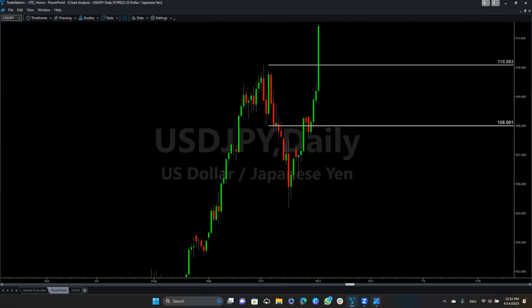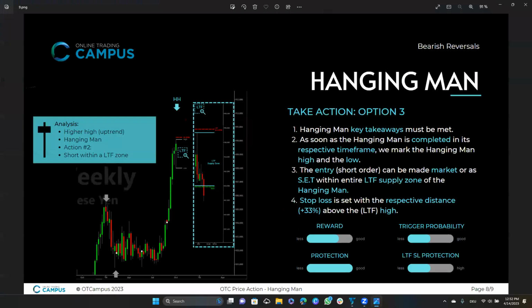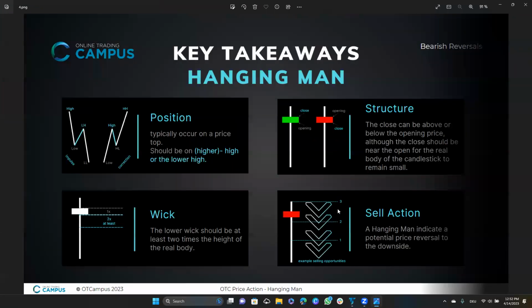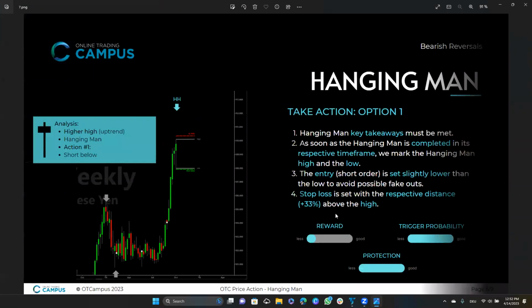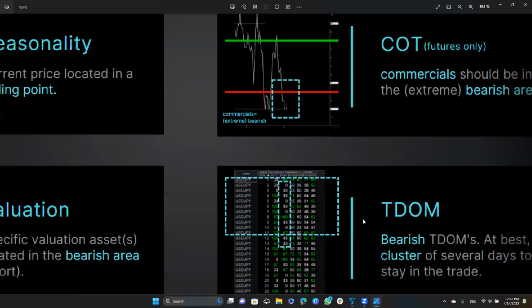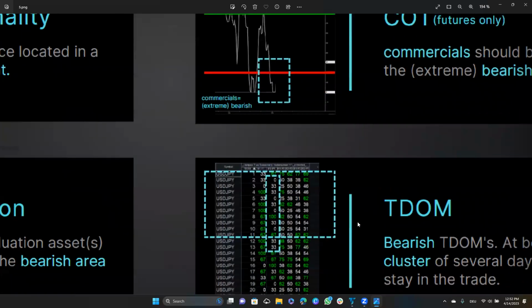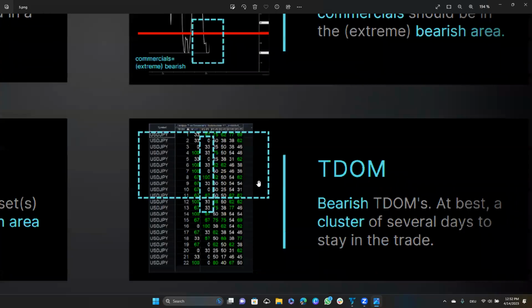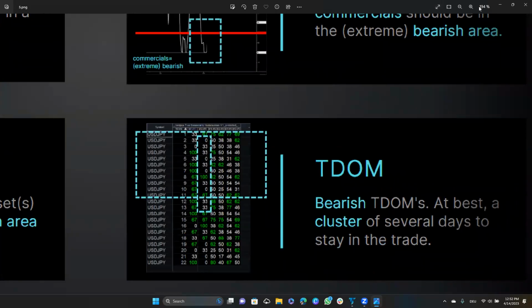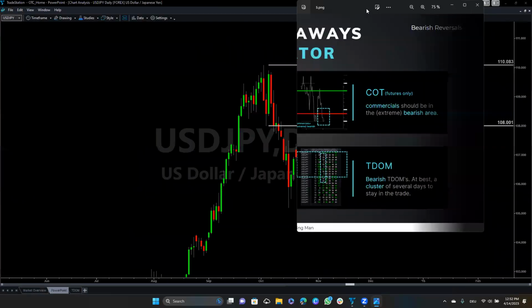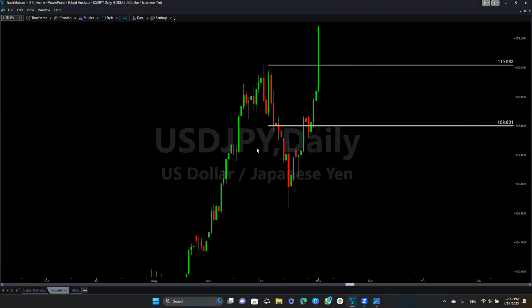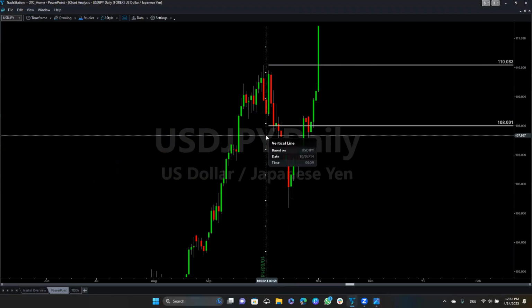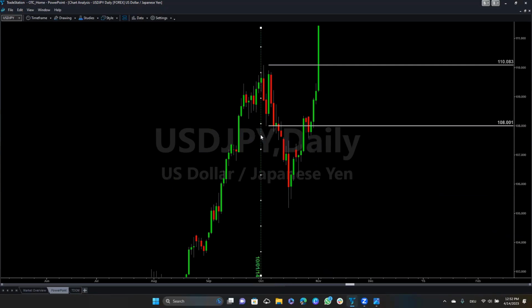But anyway, let's talk about the trading day of the month. This is a US dollar, Japanese yen, and so that's the first trading day.